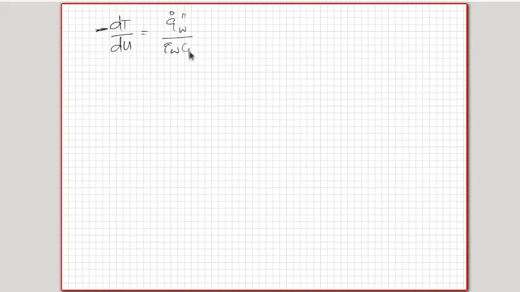What we get is minus dT by dU is equal to q dot double prime wall divided by tau wall Cp.